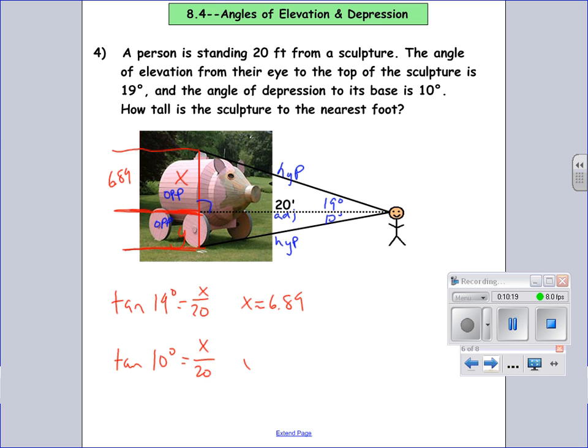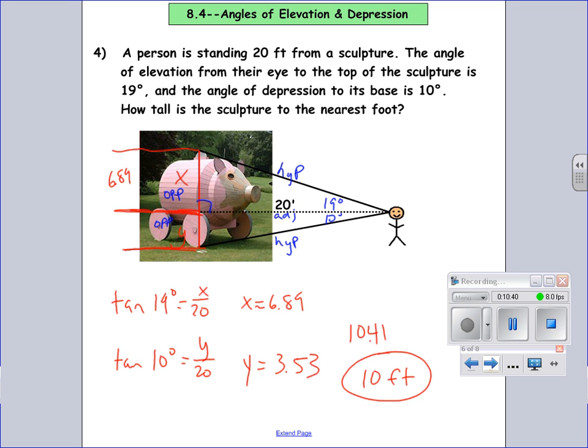Excuse me, y, I should say. I gave that a separate label, didn't I? Y, okay, so y is 3.53. Add them all together, and what do you got? 10.41, to the nearest foot is 10 feet.